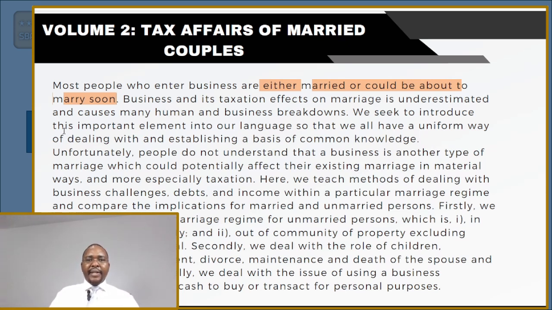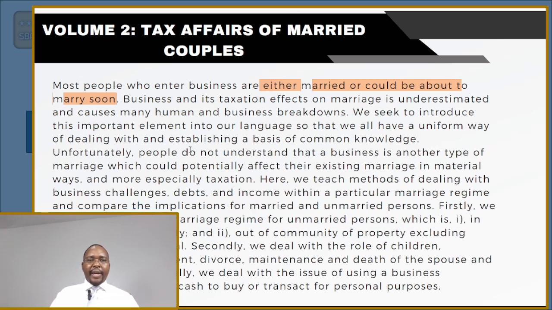And in this way of doing, we are trying to create a common language to say, how do married people have to understand business? And here, this volume doesn't have to be bought by the business owner or the business practitioner, but the spouse who's not involved in business can buy this volume just to familiarize himself or herself about the role of their marriage in the business that his or her spouse is dealing with.